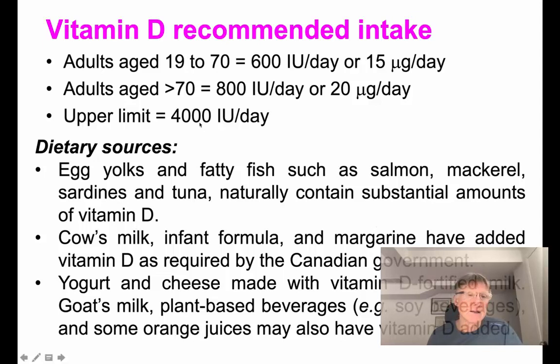That's the official recommendation: 600 international units if you're between 19 and 70, and 800 if you're older than 70 years of age. And the upper limit is set at 4,000 international units per day.